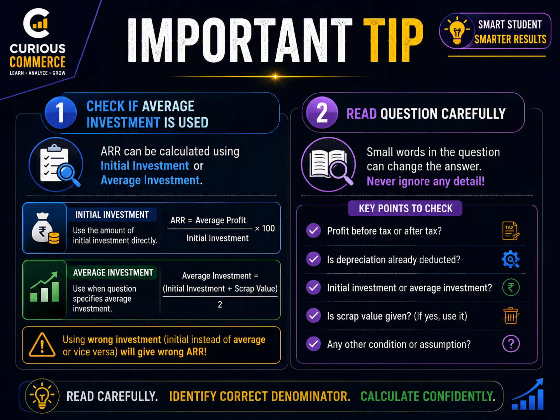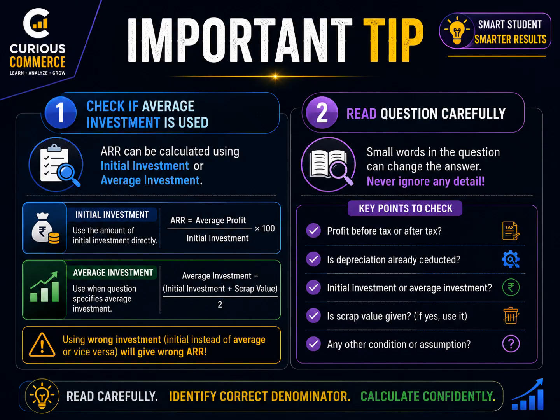Let me give you an important examination tip. Before solving ARR questions, always check which investment is used. It means initial investment or average investment. This changes answers completely.